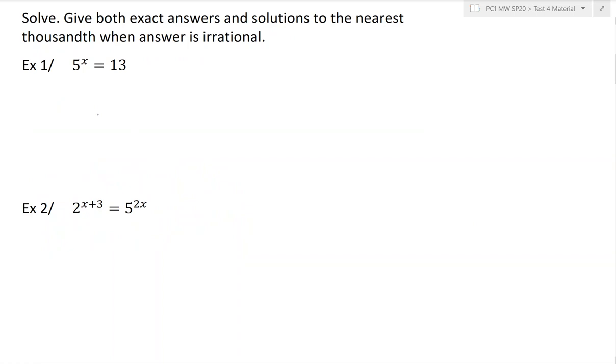Solve. Give both exact answers and solutions to the nearest thousandth when the answer is irrational. First example is 5 to the x equals 13. We cannot solve this in its current form, so what we can do is change it to logarithmic form. So we have a log.